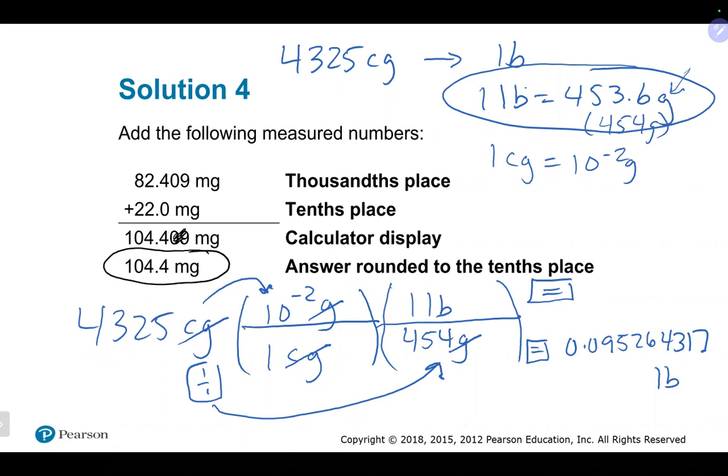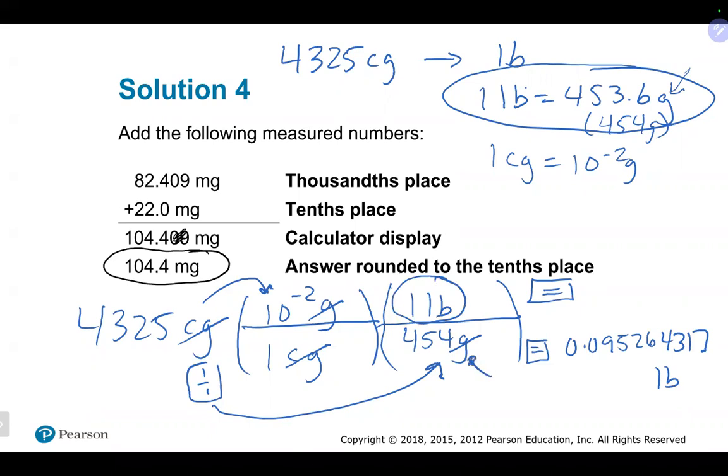So technically speaking, the 1 pound over 454 grams is not an exact number. It is not an exact number because it is a metric to English conversion, which means technically we should not look at the one part of the number, but we should look at this number the way we wrote it.